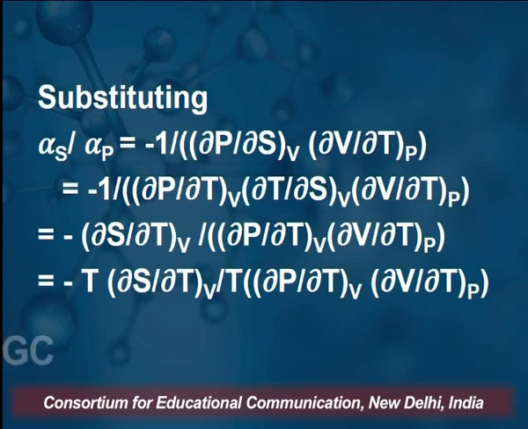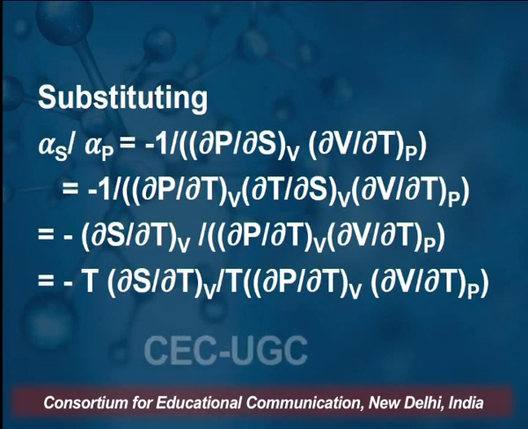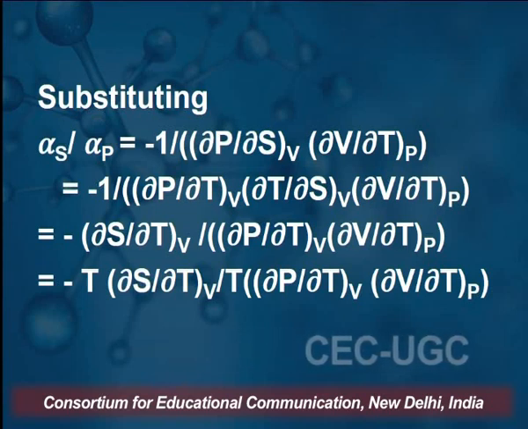This would give me minus 1 divided by ∂P/∂T at constant volume into ∂T/∂S at constant volume into ∂V/∂T at constant pressure.